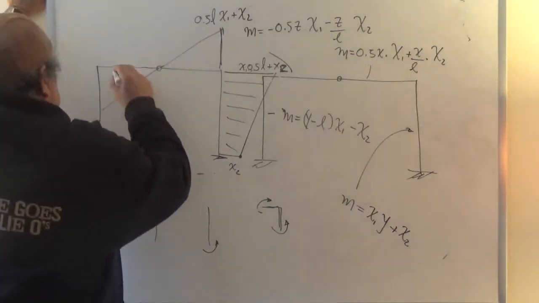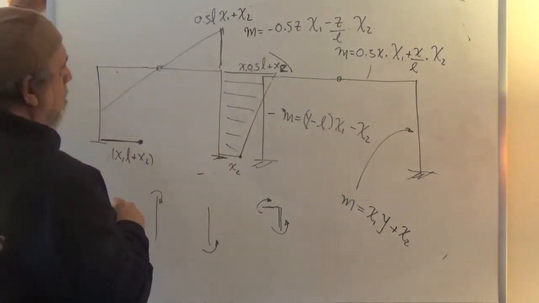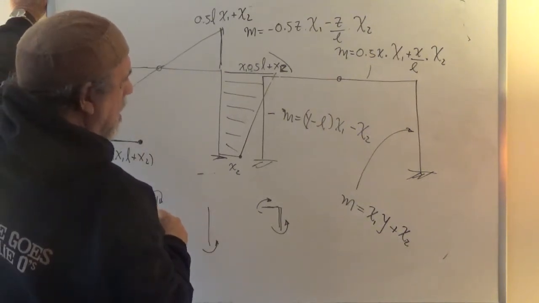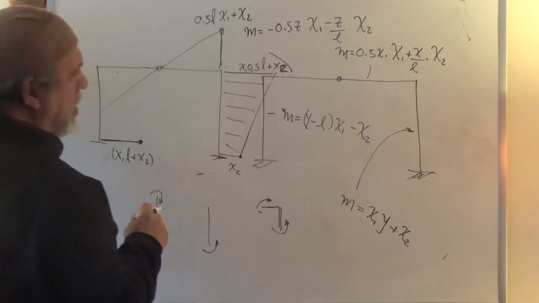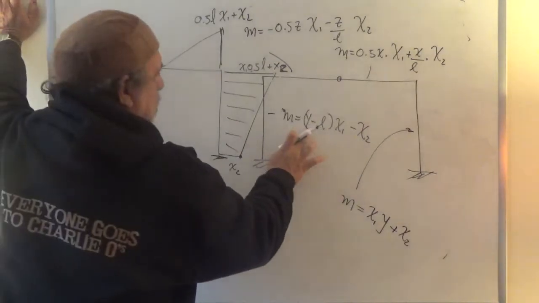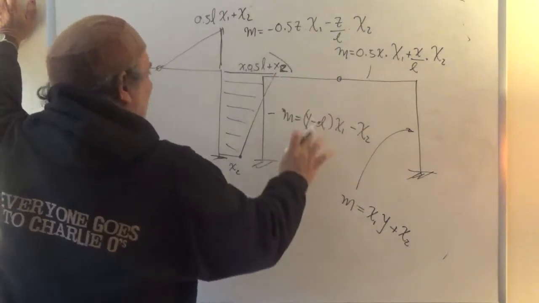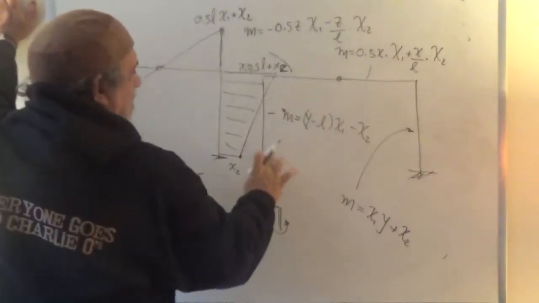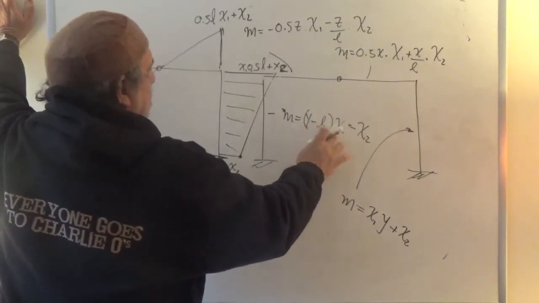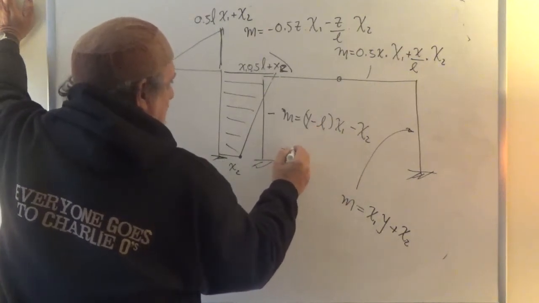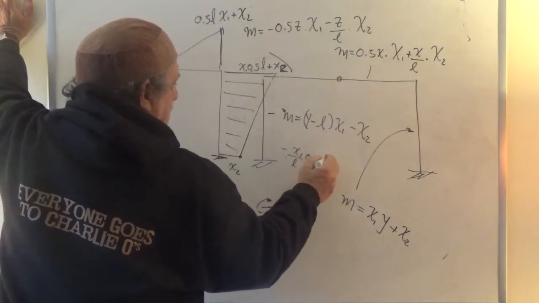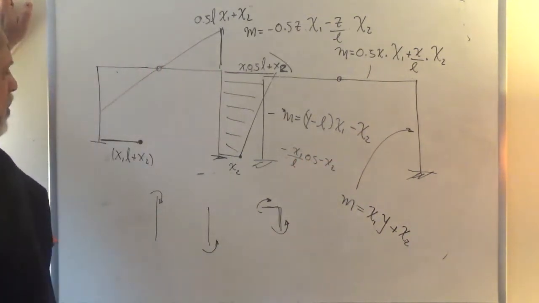So the moment here is getting smaller. No, did I do that right? No, because I said again that y is equal to L. It cannot be L. Y is equal to half of L, because this column is only half of L. So half of L minus L is minus half of L. And so we get minus x1 over L minus x2, right?